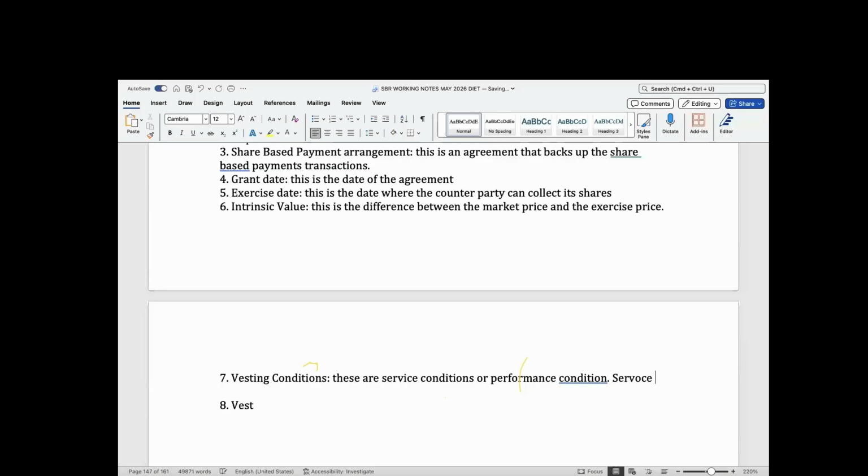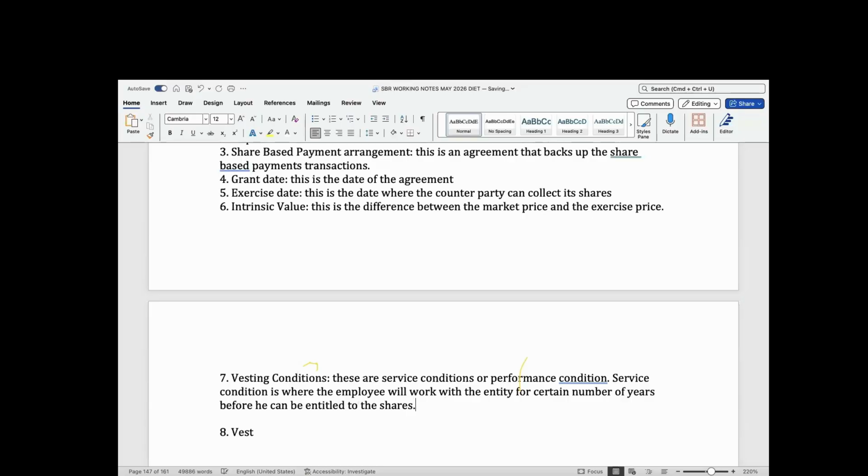A service condition is where the employee will work with the entity for a certain number of years before being entitled to the shares.